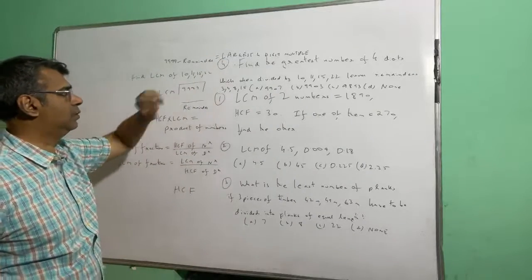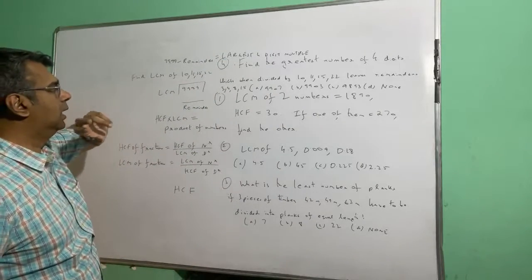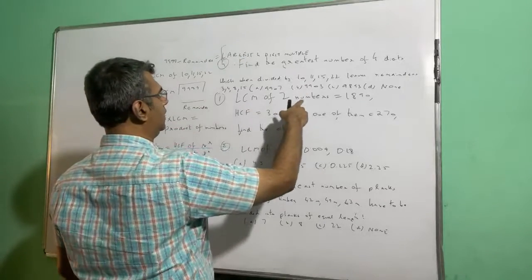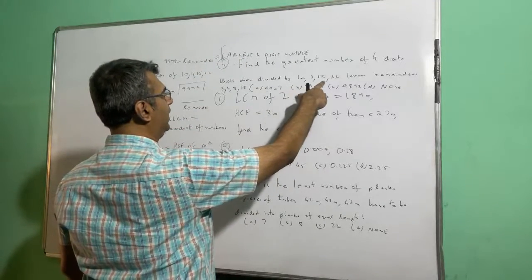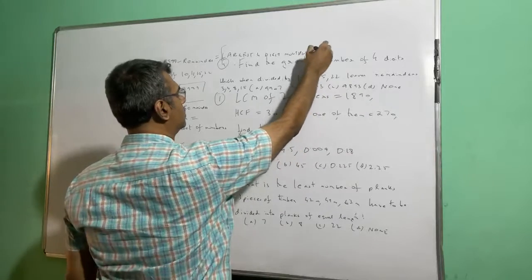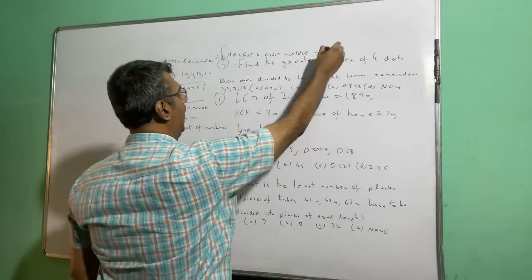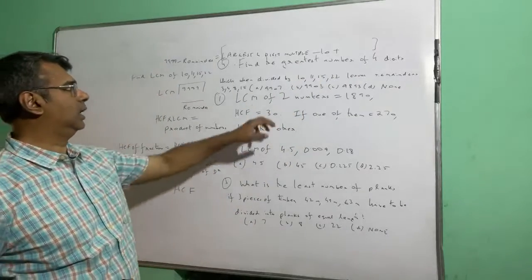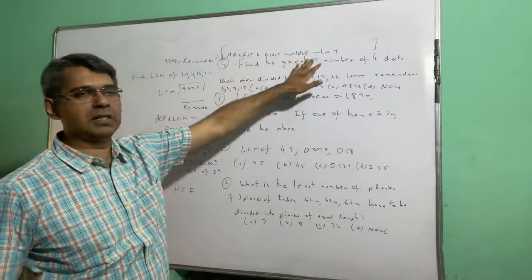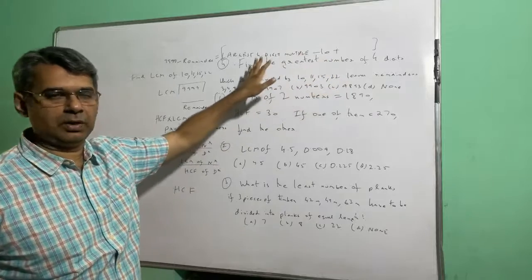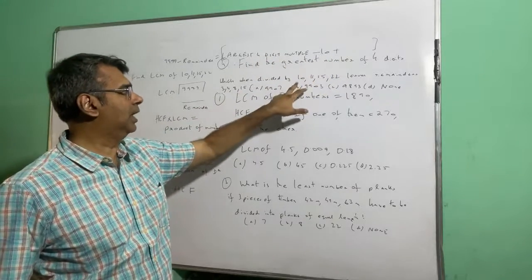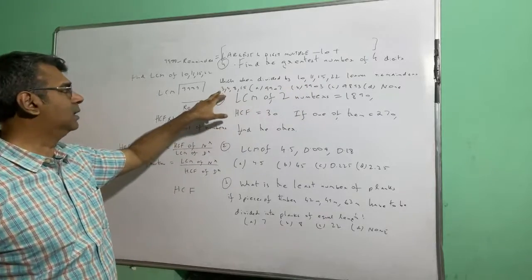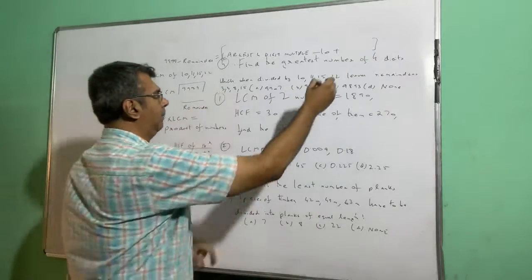Now from this largest 4-digit multiple of the numbers, you subtract any one of the four numbers. Suppose you subtract 10 and you add the corresponding remainder 3.